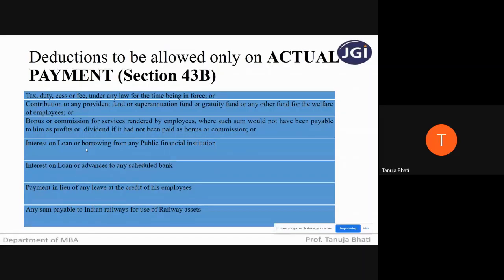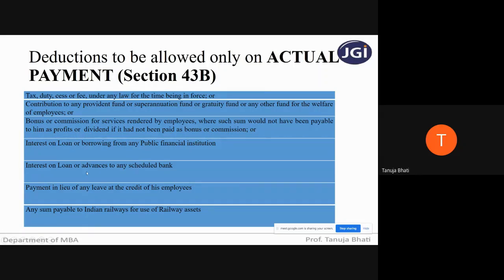If you just book that expense in your account, you cannot take the benefit of it. You can take the benefit of interest on loan only if it is actually paid.